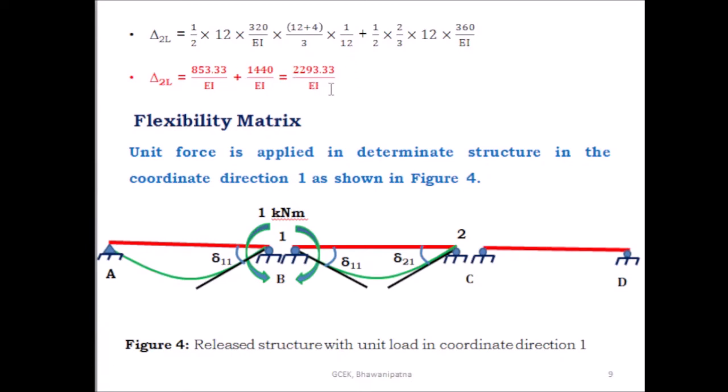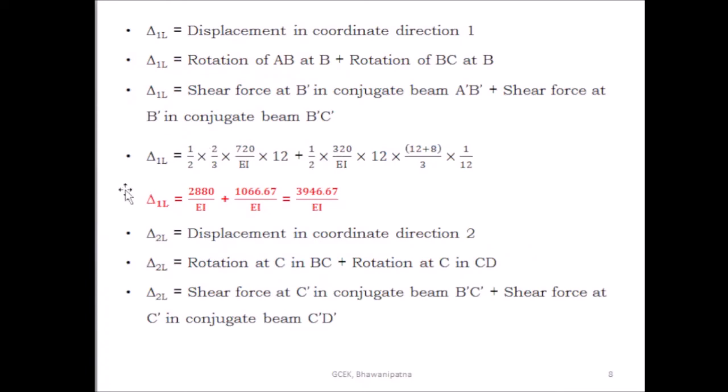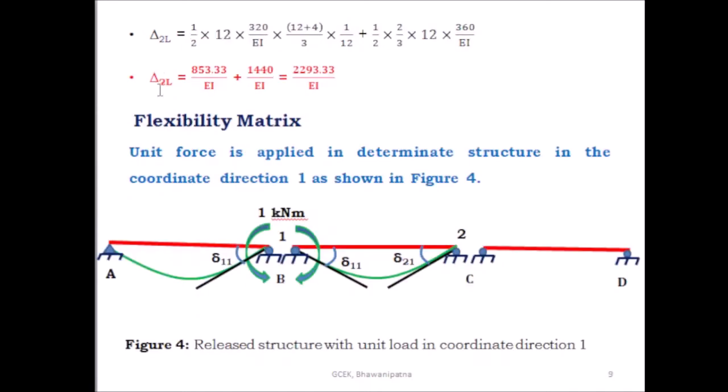So, this is the displacement in coordinate direction 2 due to the given loading. So, here you got the displacement in coordinate direction 1 due to the given loading using the conjugate beam method, and the displacement in coordinate direction 2 due to the given loading using the conjugate beam method. Simply you have to remember, when you want to find out the displacement in the real beam, in the conjugate beam you have to find out the shear force at the corresponding section.